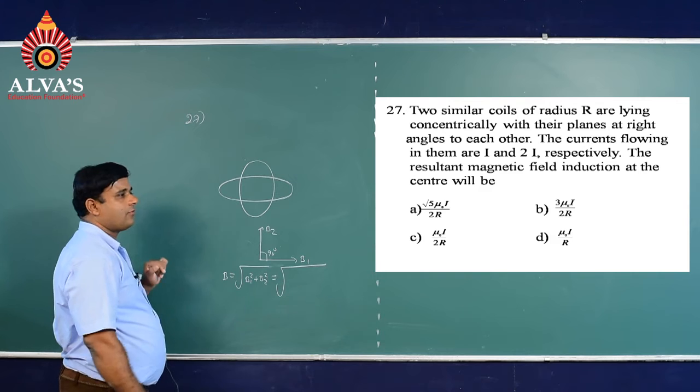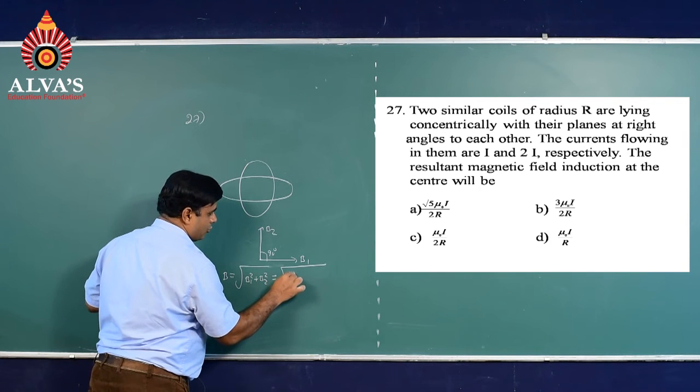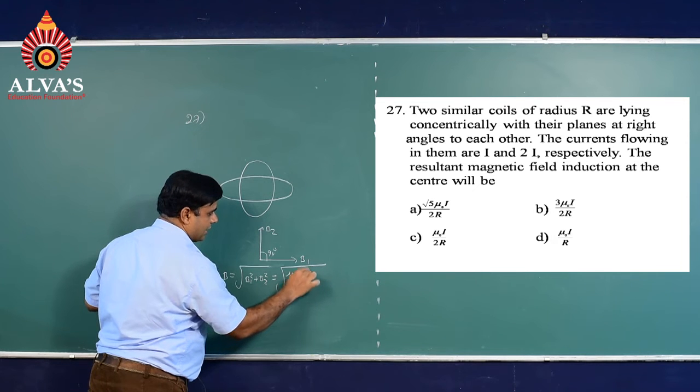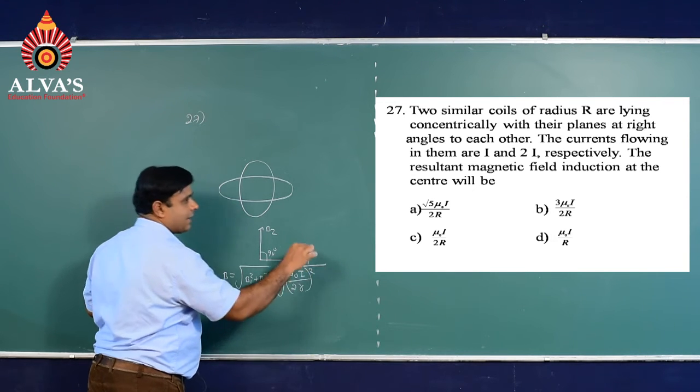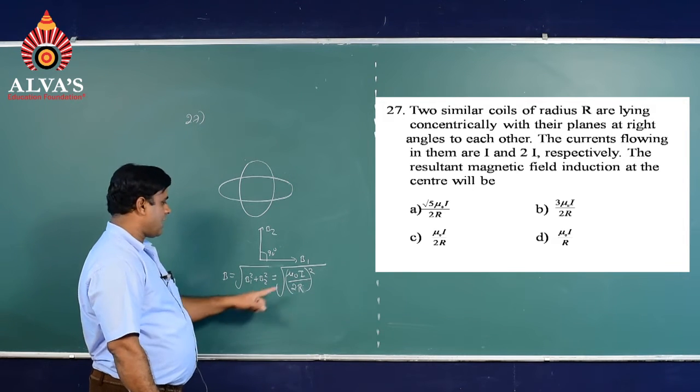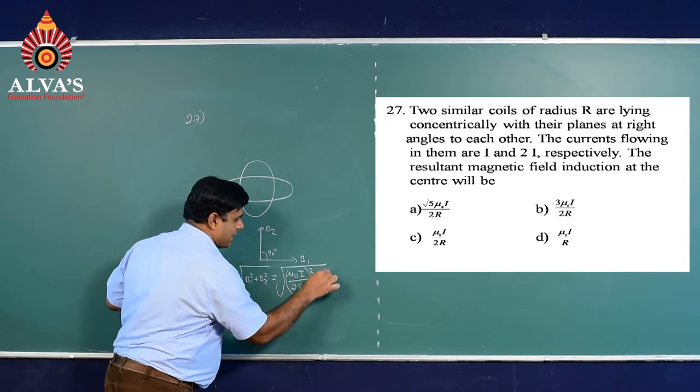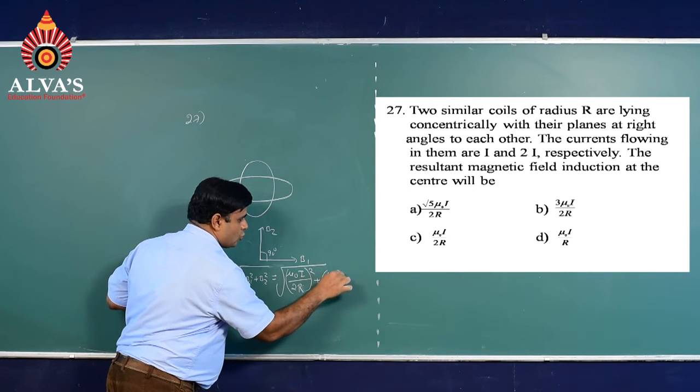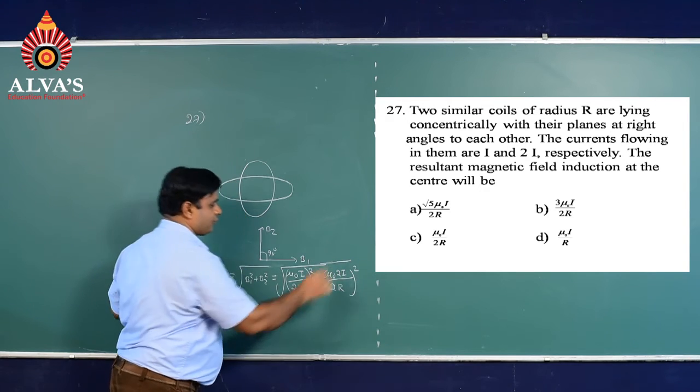Field at the center of a loop is given by mu naught into current by 2 times r, here r is the radius. One carries current I, another carries current 2I by 2r, whole square.